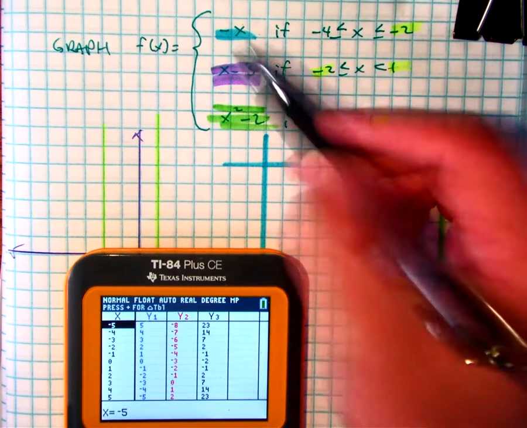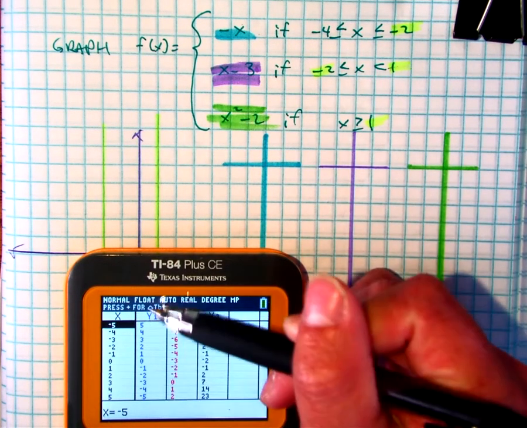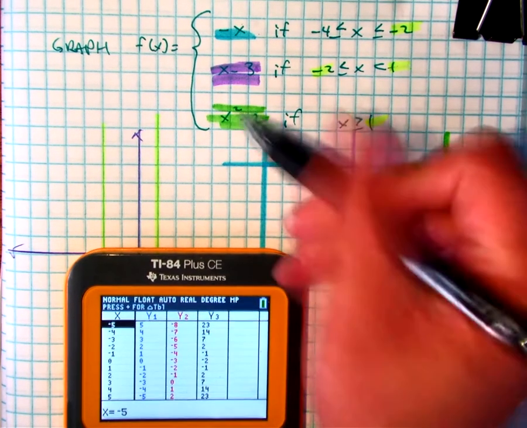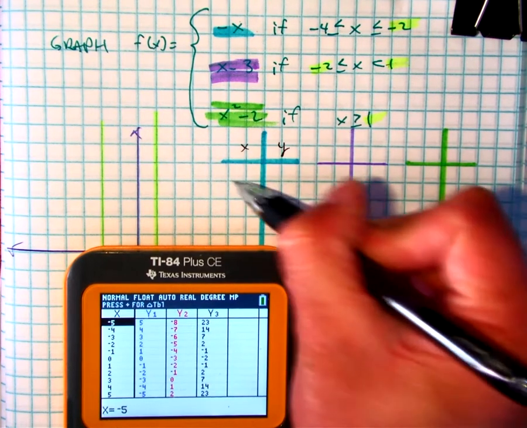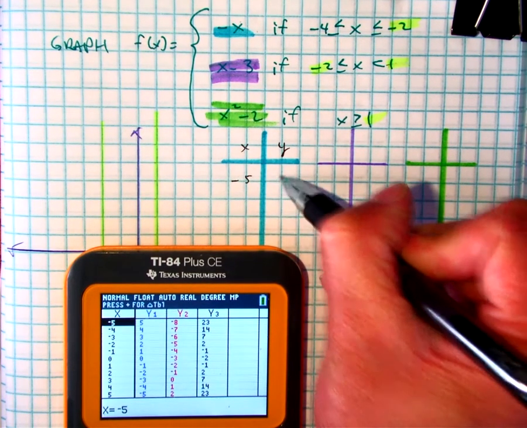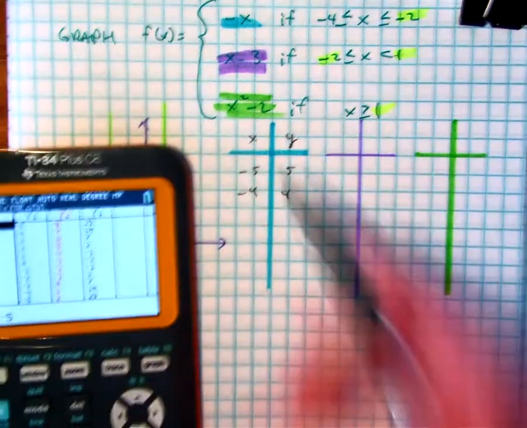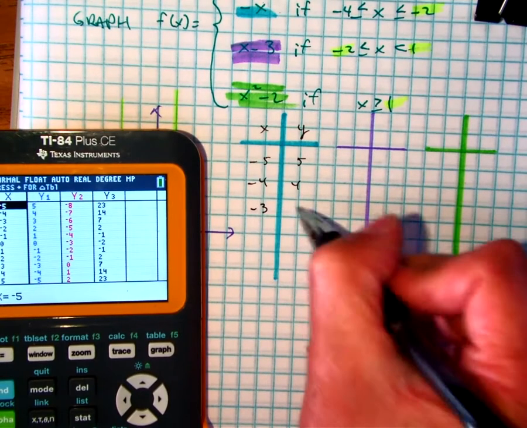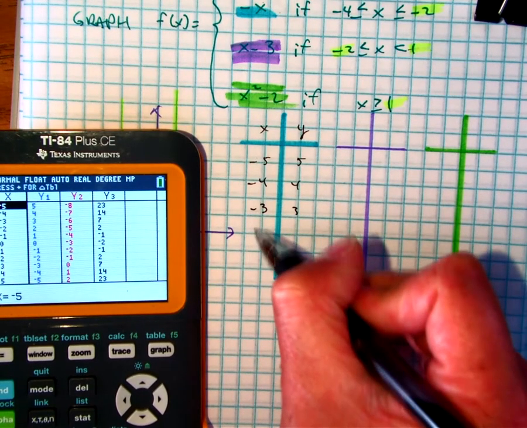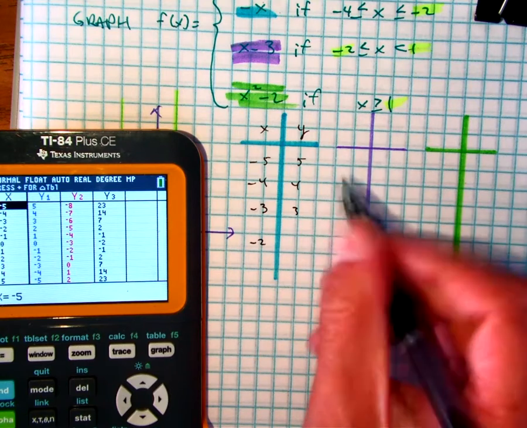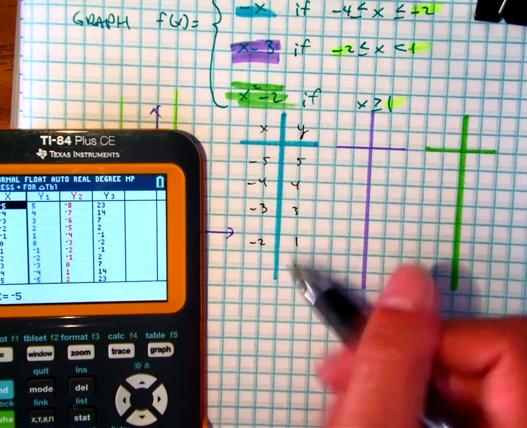So for the blue, that's my first one here. -5, 5, -4, 4. Just writing down some values. -3, 3. And once you have a good idea of what the graph looks like from that, then you don't actually need to copy all those numbers, do you?